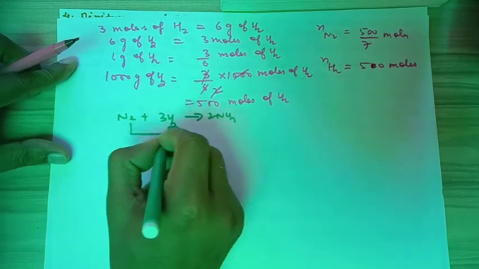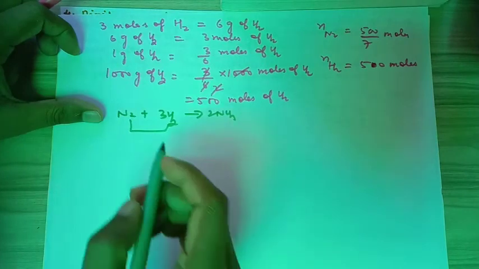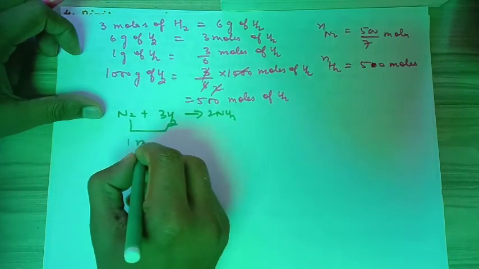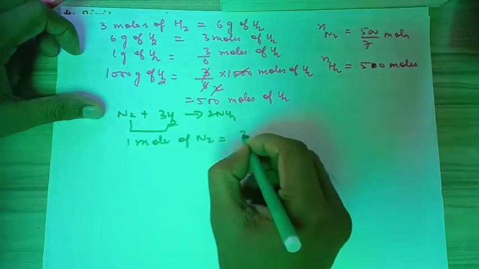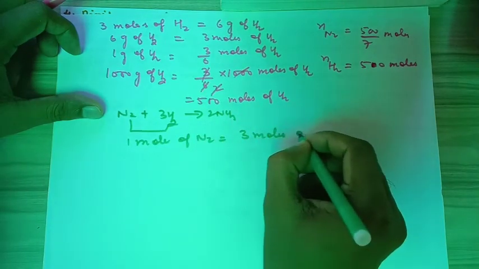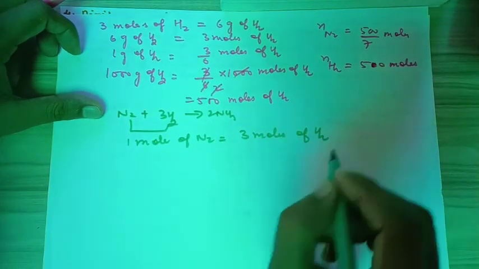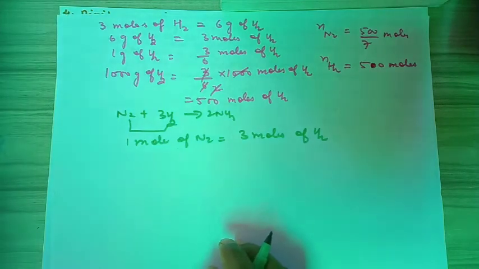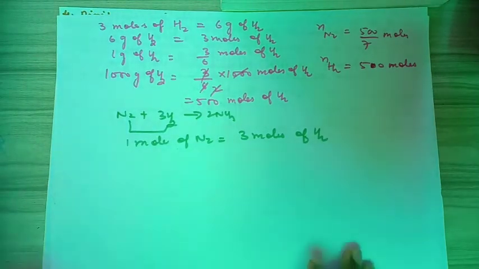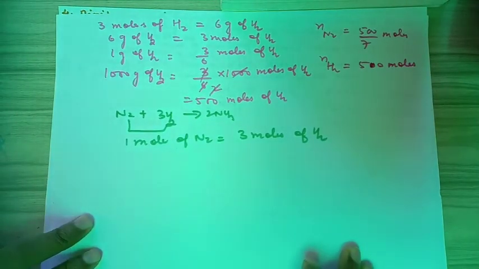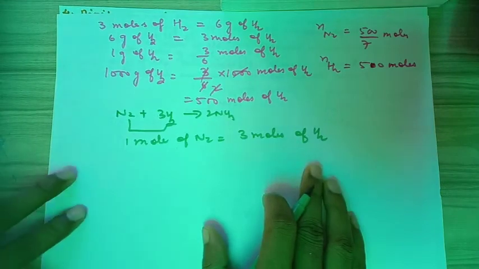So we have to compare these two to find the limiting reagent. So 1 mole of N2 gives us 3 moles of H2.